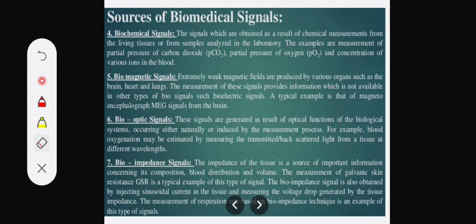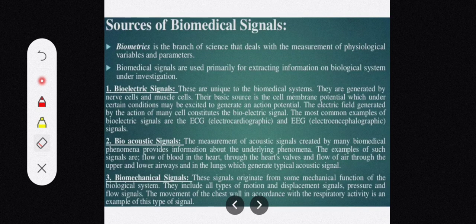The next biomedical signal that I am going to discuss is the biomagnetic signal. So what is a biomagnetic signal? As I've told you, biological systems produce electric signals, like the bioelectric signal.